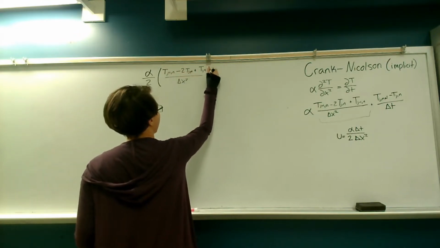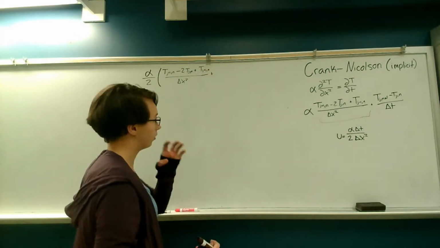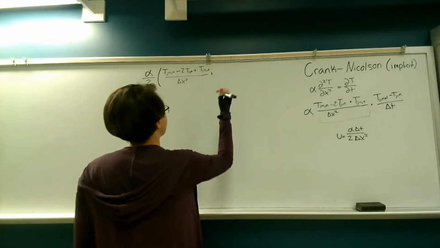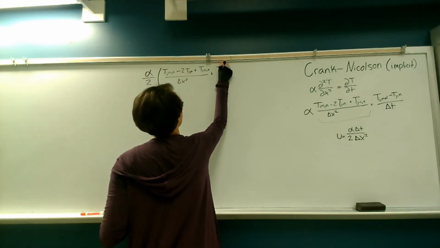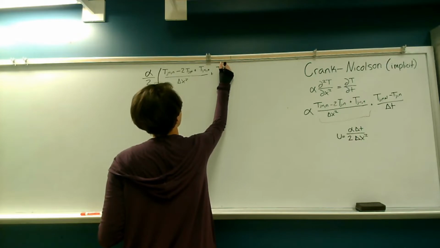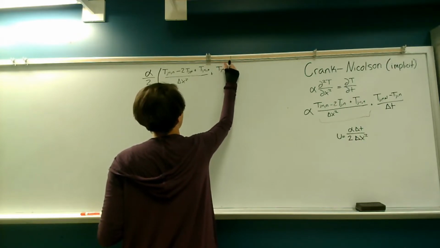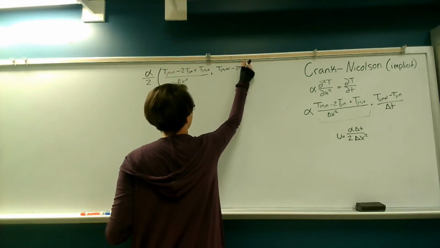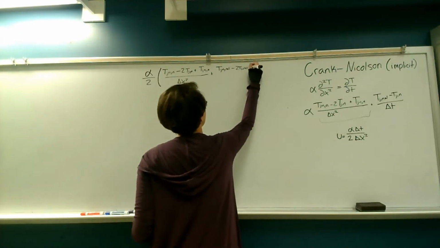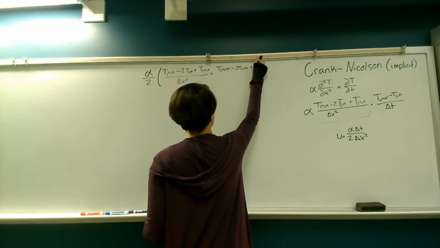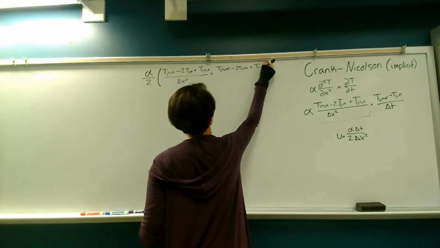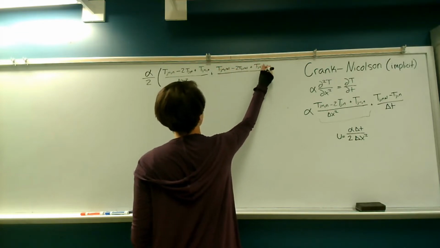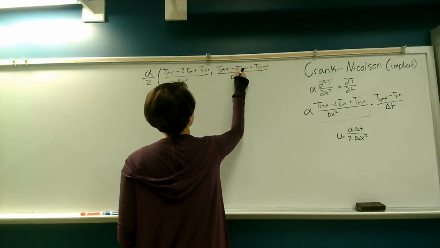And then we're going to add to this the same thing, but at n plus 1. So we're going to have T at j plus 1, n plus 1, minus 2 times T at j, n plus 1, plus T at j minus 1, n plus 1. And that is going to also be over delta x squared.